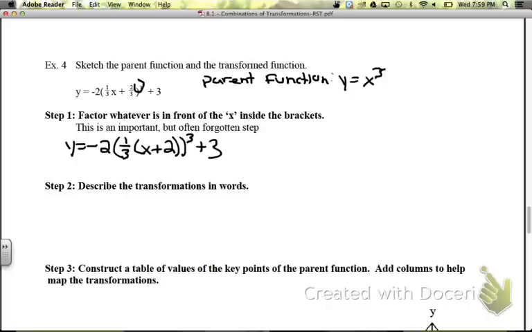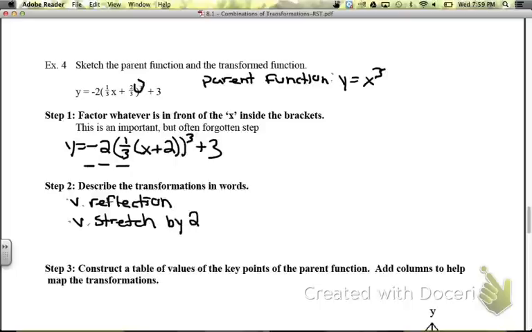So now we want to describe our transformations in words. The first one, you notice that we have a reflection because it's negative, so we have a vertical reflection. We also have a vertical stretch because of the 2, so a vertical stretch by 2.